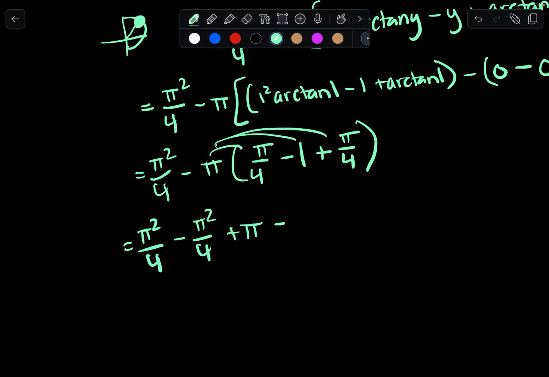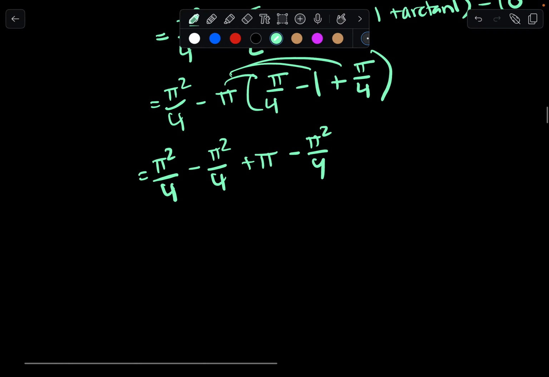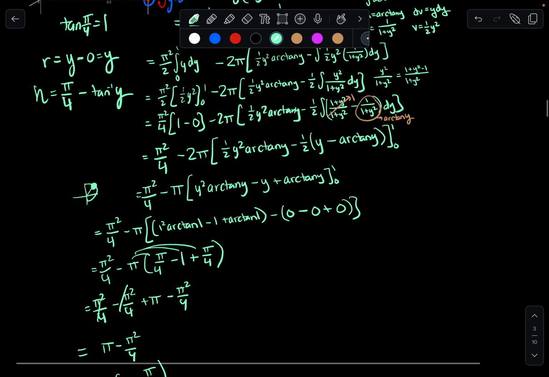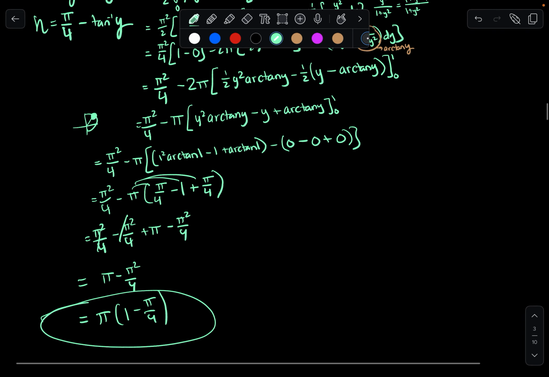Yep, so that'll be minus, that'll be plus, and then that'll be minus pi squared over 4. These cancel out, so we get pi minus pi squared over 4, or you might see it as pi times 1 minus pi over 4. So I solved it differently than last year, but this was the same answer.